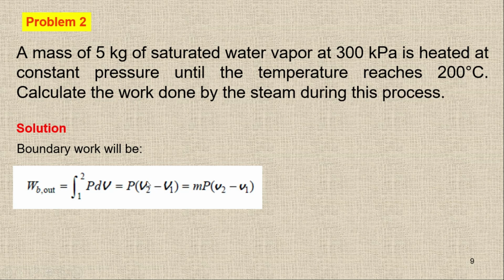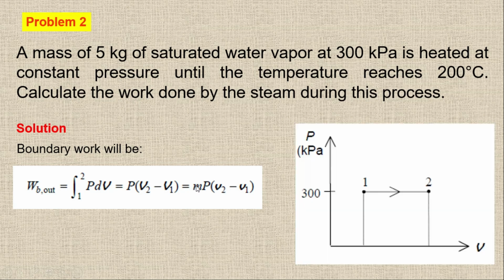So small v will be equal to V divided by mass, or capital V will be equal to m times the specific v. In the same way, V1 will be equal to m times the specific v1. So I can replace this capital V by small v, and I have to multiply with this mass.